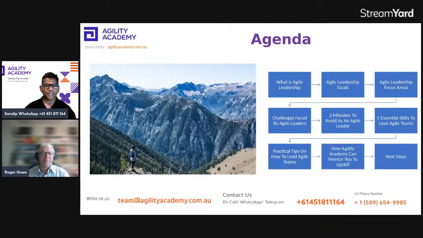So let's get started. In today's world, when you talk about leadership or when you talk about agile, there are some misconceptions. So in this session we are going to understand what is agile leadership, what is expected when you are working in a complex environment as a leader, what are your end goals at the end of the day.